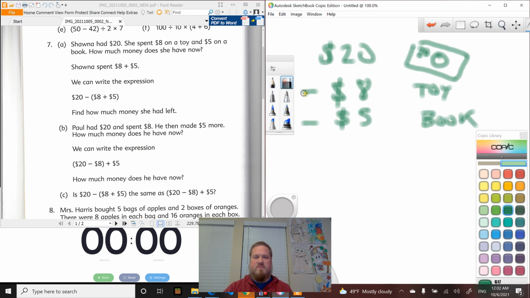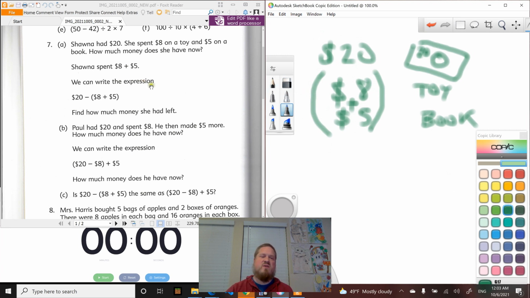So, the way they want us to think about it is that this is the money she started out with, and this is all the money she gave away to buy things. And how much is left over?